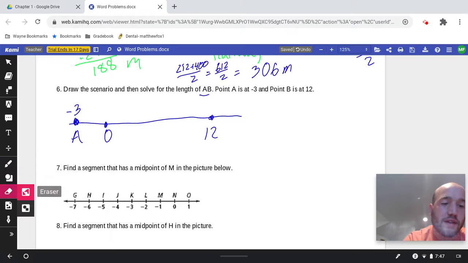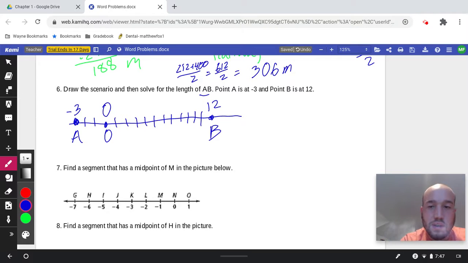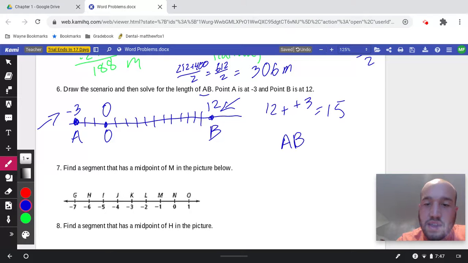So from -3, -2, -1, 1, 2, 3, 4, 5, 6, 7, 8, 9, 10, 11, and 12. Once again, you have two ways you can solve this. You could just count it once we have all those in, or we can take the farthest point to the right and subtract the farthest point to the left. 12 minus negative is plus plus, which gives us 15. So AB has a length of 15.